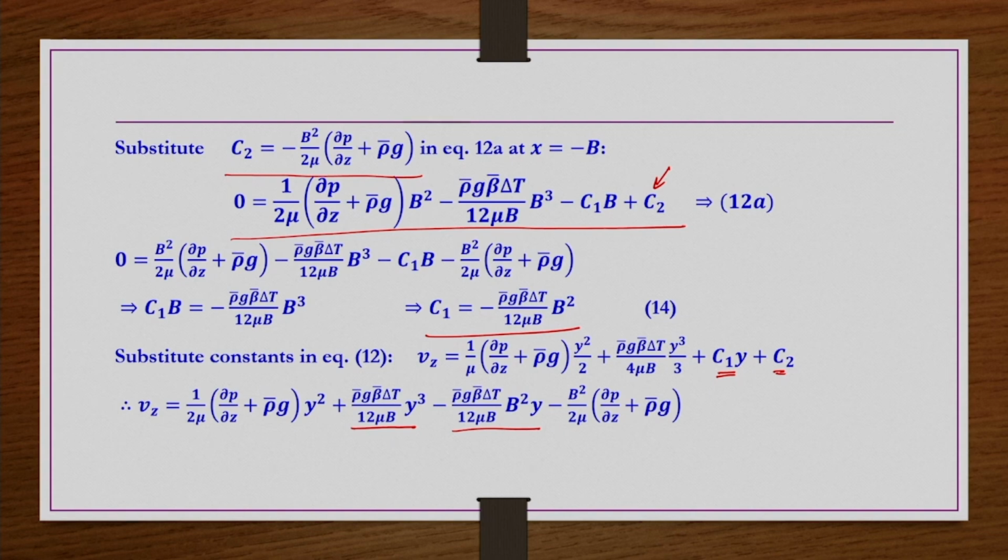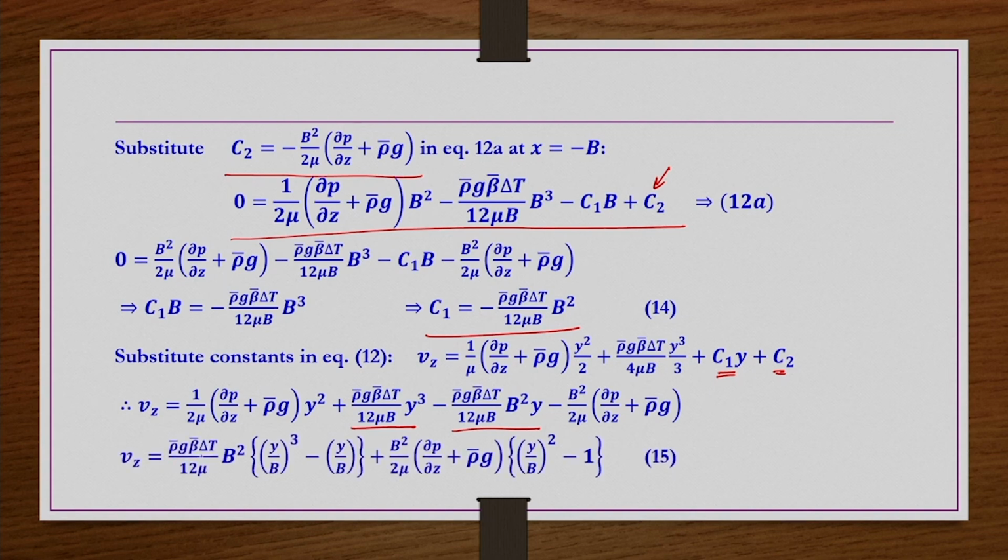Then we get rho bar g beta bar delta T by 12 mu b square, multiplied by (y by b whole cube minus y by b). From the other two terms, if you take b square by 2 mu (dou p by dou z plus rho bar g) common, you get (y by b whole square minus 1) as the multiplication factor. So this is the velocity profile.